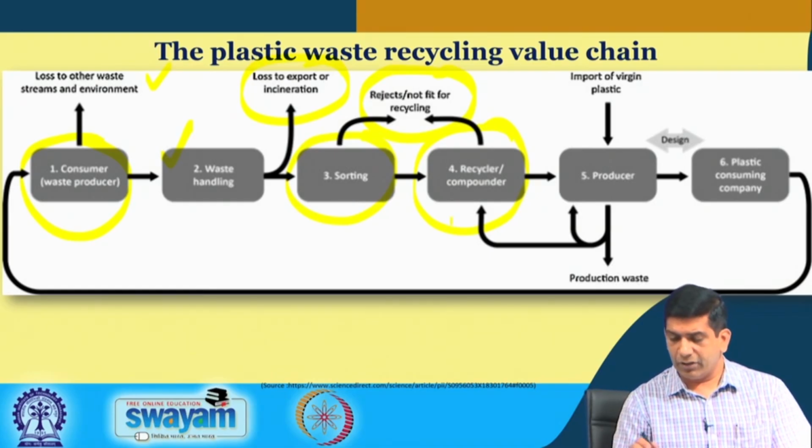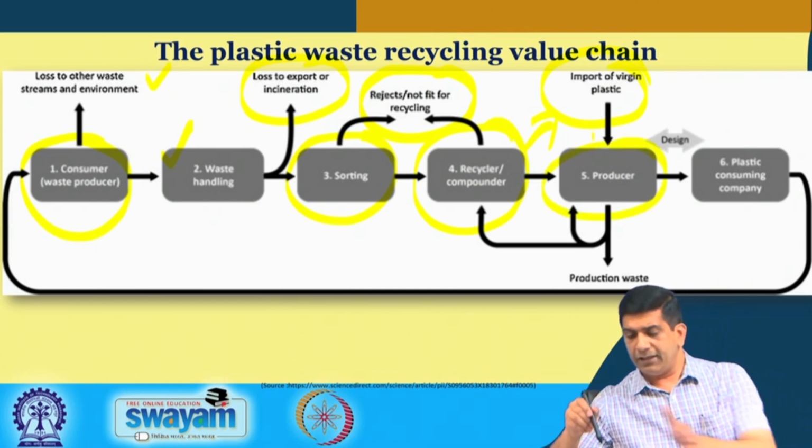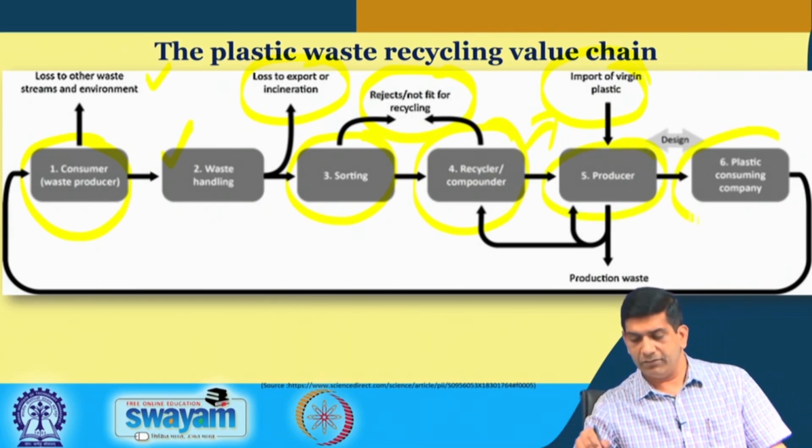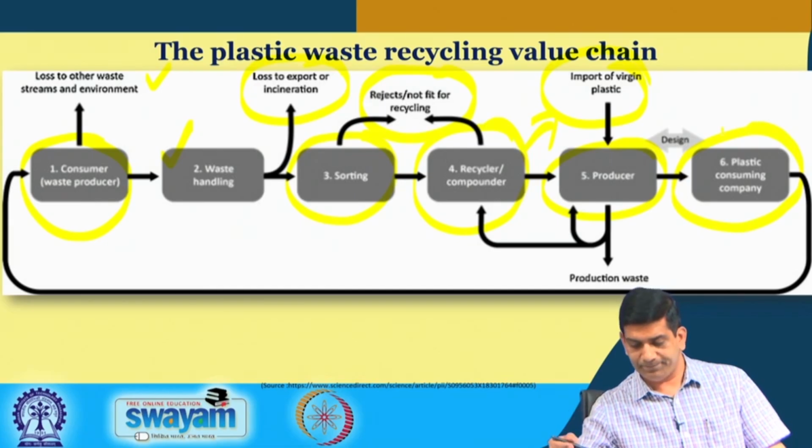And from recycling, once you produce the new product, you can replace the input of virgin plastic with the newer plastic that you produce, which goes back to the producer phase. Then we have the plastic consuming company.